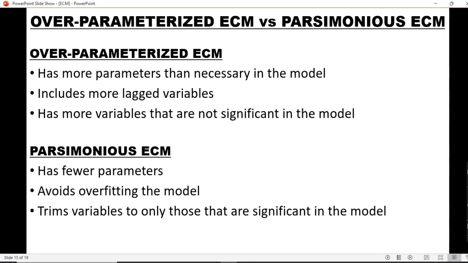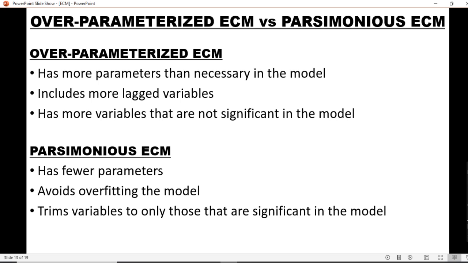It includes more lag variables, and it has more variables that are not significant. Mostly, over-parameterized ECMs are the ECMs that have lags from the lag length criteria. Like what we did here, using 4 lags, and we incorporated the 4 lags in both variables, and we discovered that many of the variables are not significant in the model.